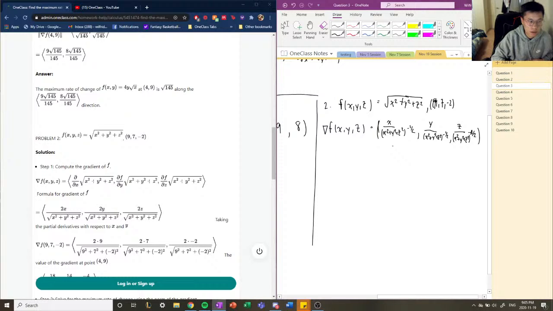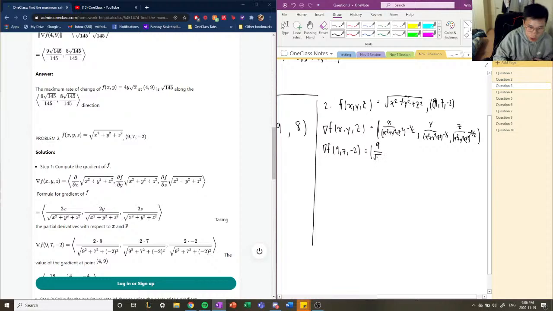Okay, so now we're going to plug in 9, 7, and -2. Okay, so bear with me, guys. So 9, 7, and -2. So the first one's going to be 9 divided by the square root of 81 plus 49 plus 4, which is 81 plus 49, that's 130, 134.